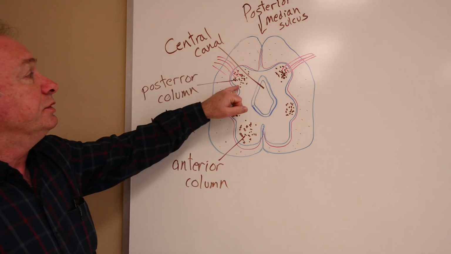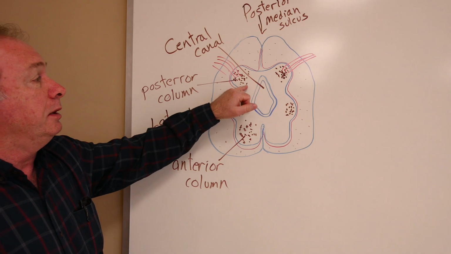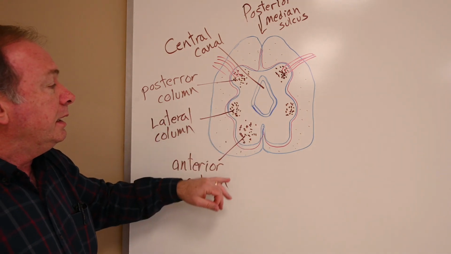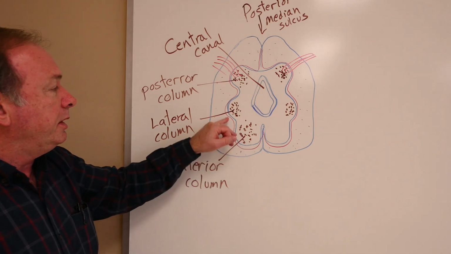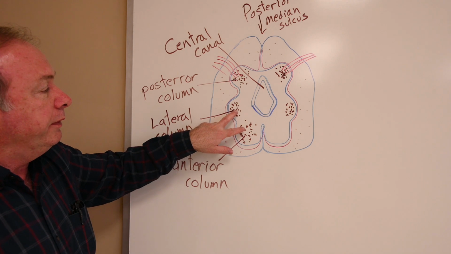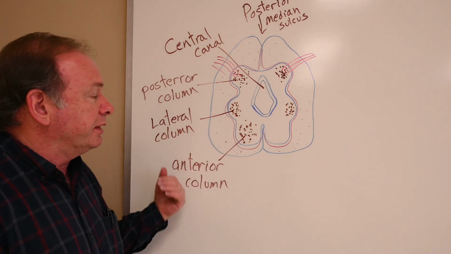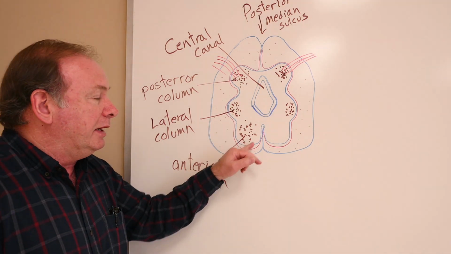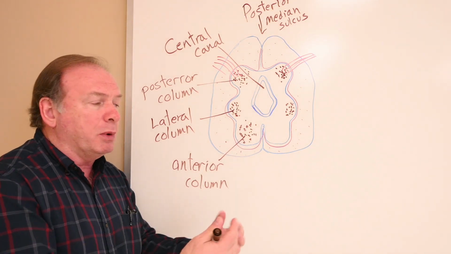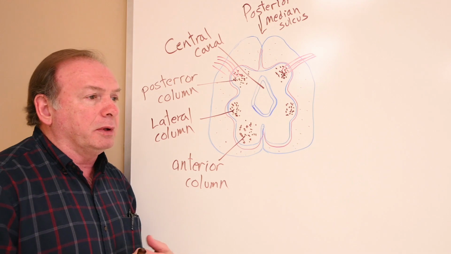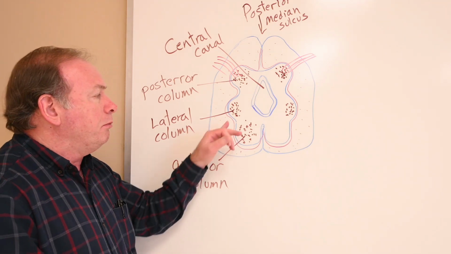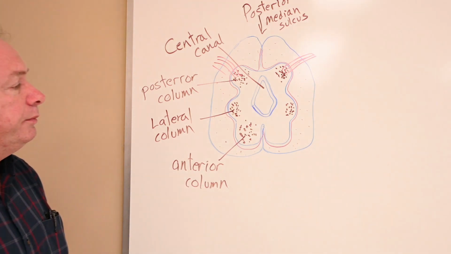So incoming messages coming to the posterior column, that's our dorsal horn of gray matter. Our ventral horn of gray matter includes this anterior column here, but on the side, the lateral portion, we have a lateral column. Both of these generate motor signals that are carried out to the periphery. The anterior column, mostly somatic, the somatic motor functions. The lateral column initiates autonomic motor functions from there.